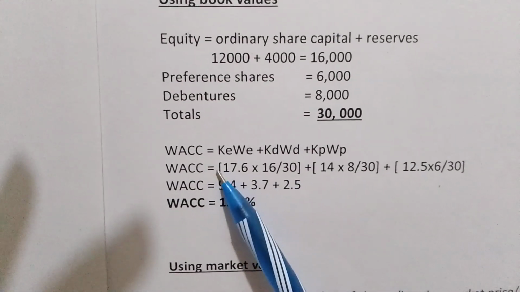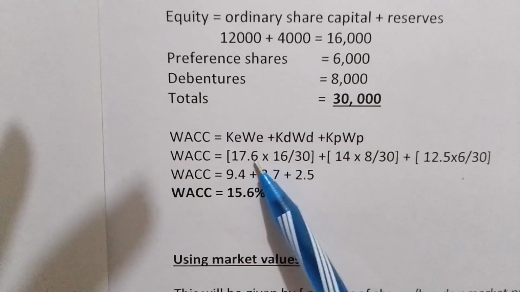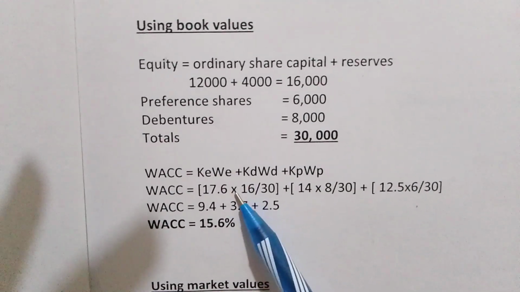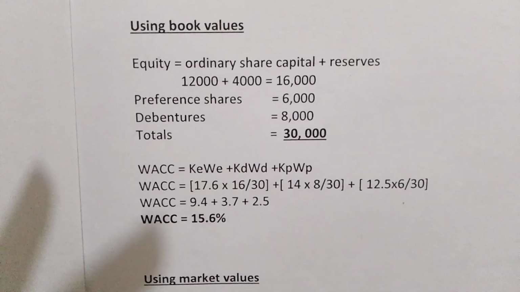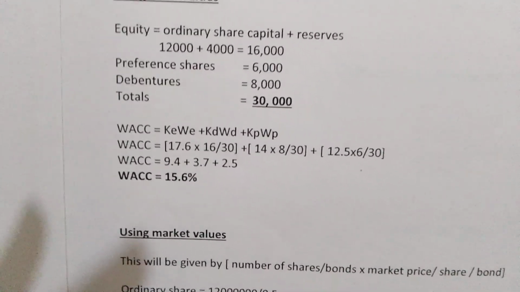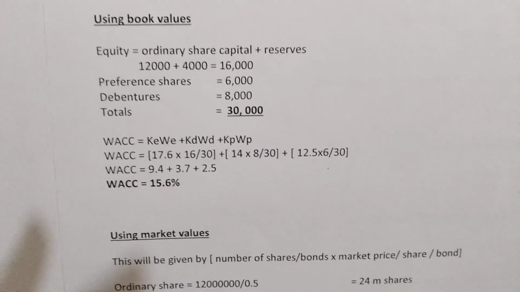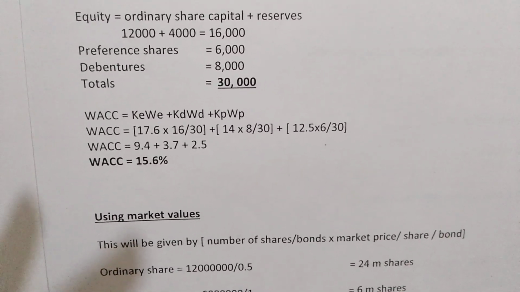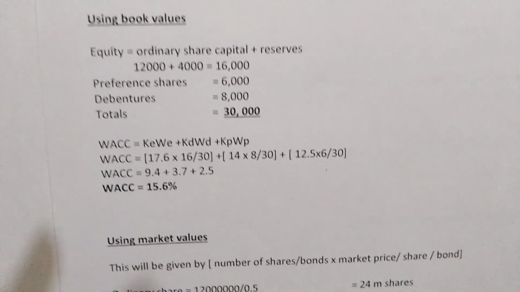So when you come here, you take cost of equity, you got 17.6, times weight. What is the weight? Weight of equity. I have shown you how to calculate cost of equity, cost of retained earnings, cost of debts, whether they are redeemable or irredeemable, and cost of preference shares, whether they are redeemable or irredeemable.